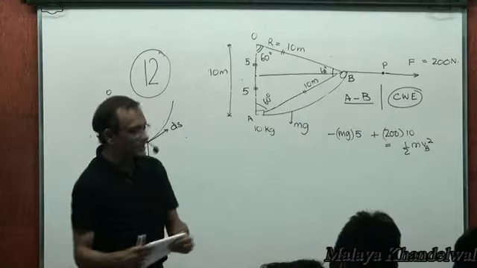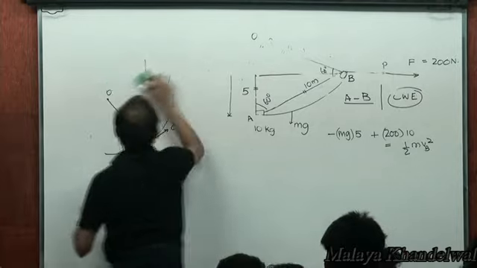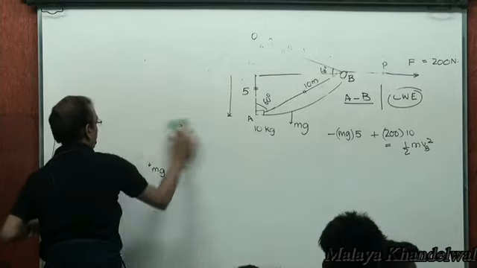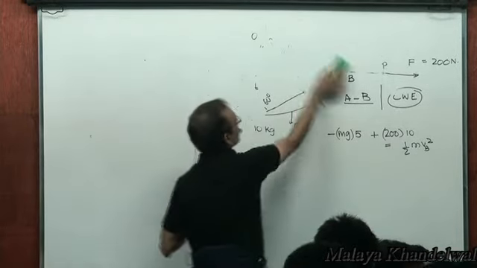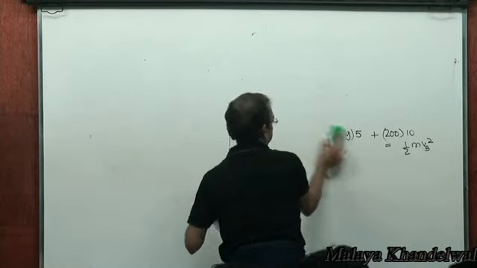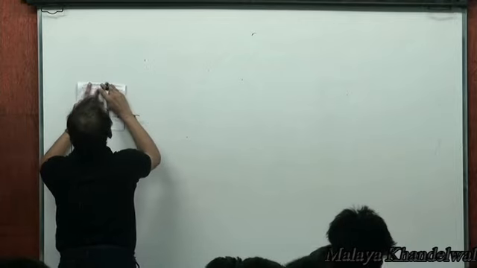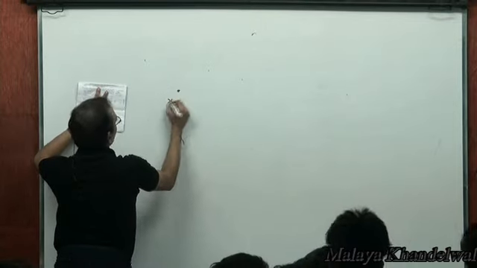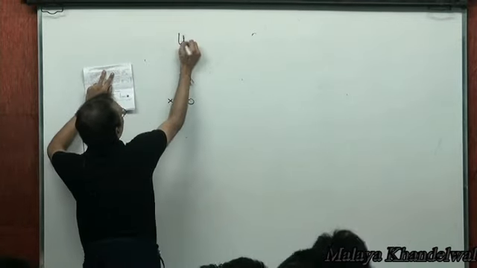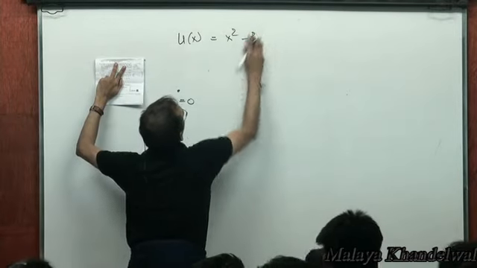A particle is released from rest at the origin. So at x equal to 0, potential energy at any given x is given by x squared minus 3x.